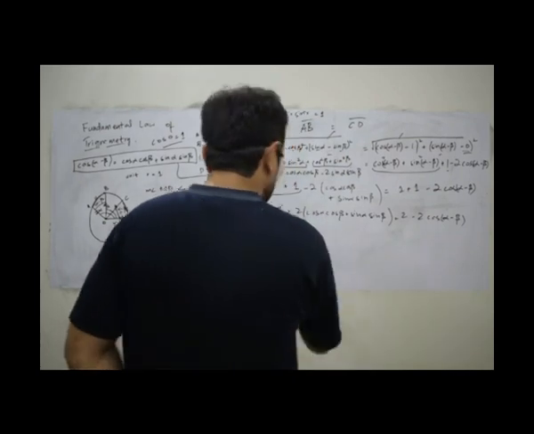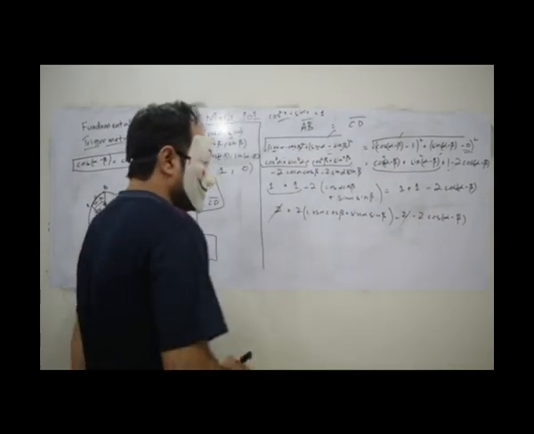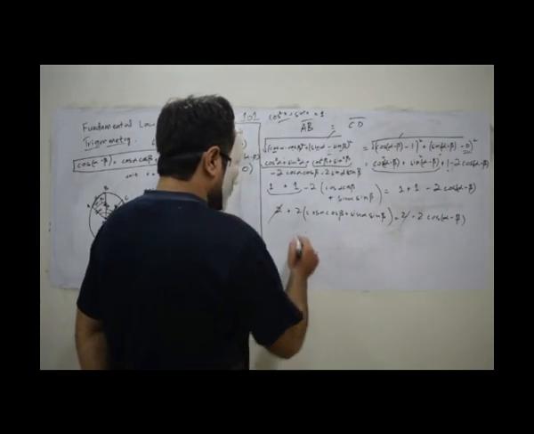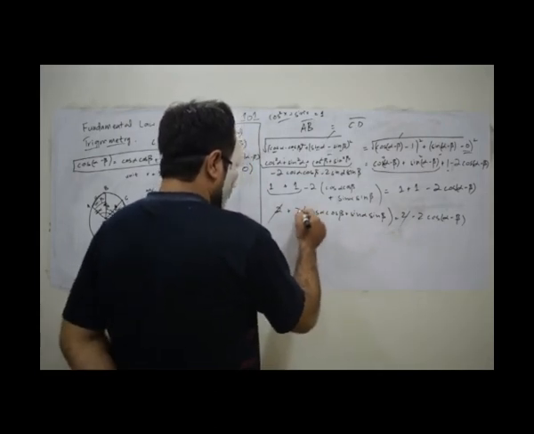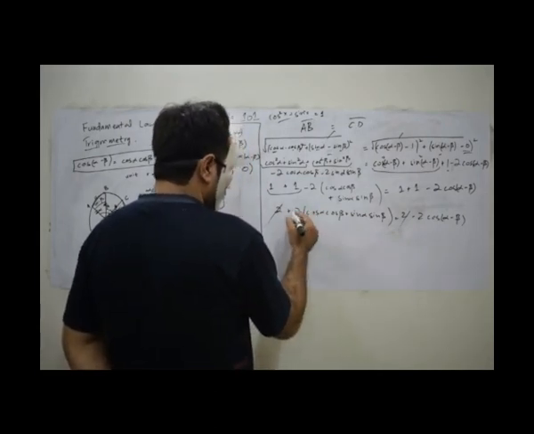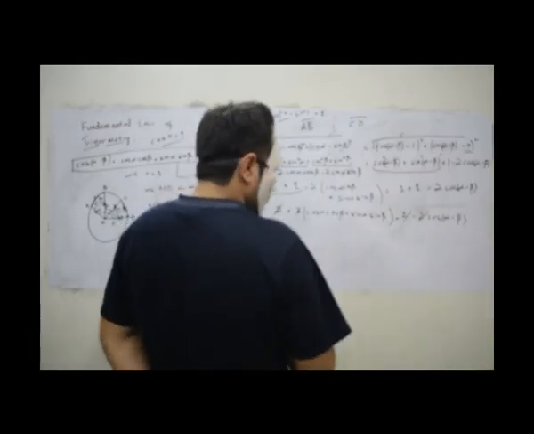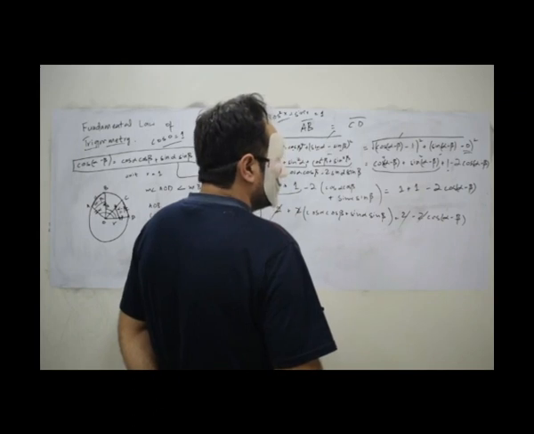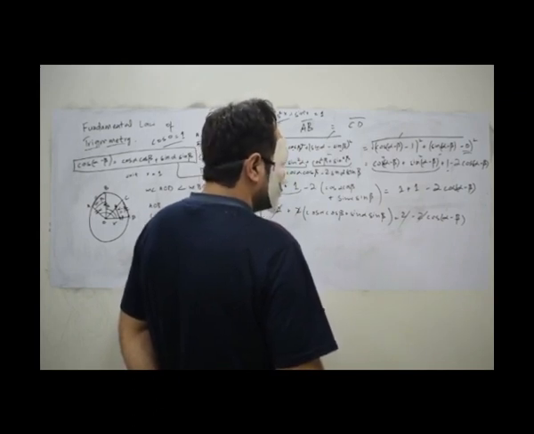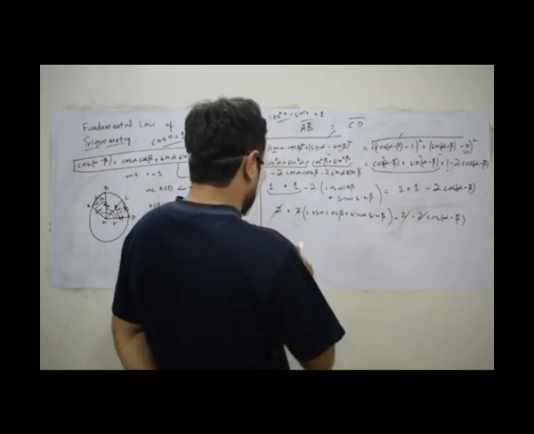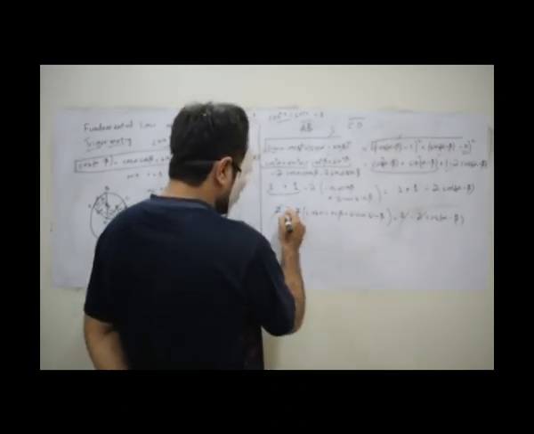So this 2 will cancel out with this one, and if we divide by 2 on both sides, these two will also be cancelled out, and this sign is wrong.